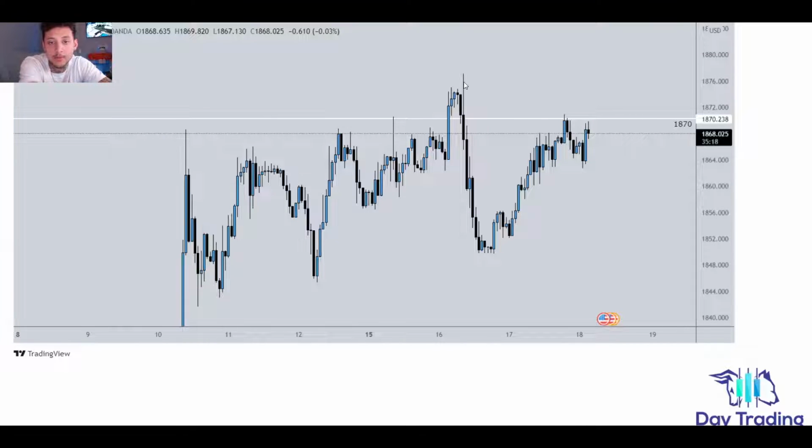What happened here? Pretty much all that happened was market makers took some of the retail traders, or some of the market participants, out of their positions. They triggered a bunch of stop losses with this candlestick here, and then price completely dropped, where typically you would have made a good amount of profit off of this move.